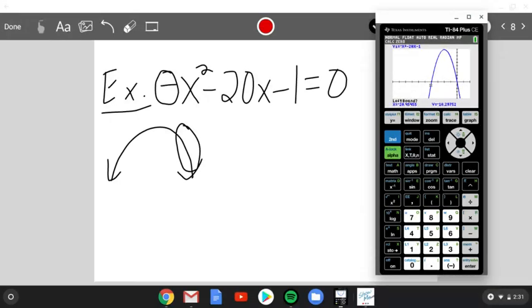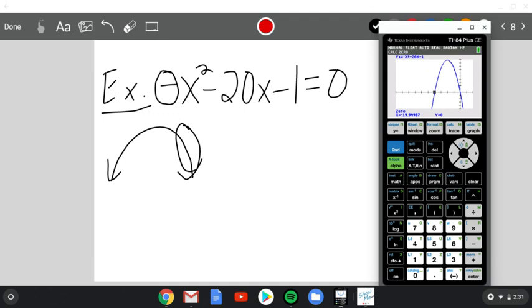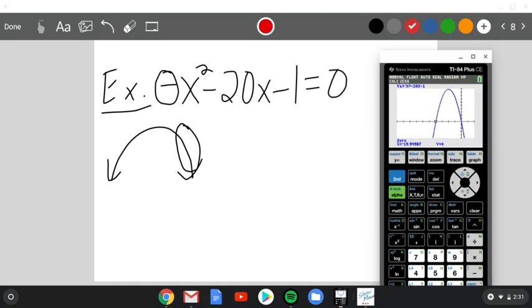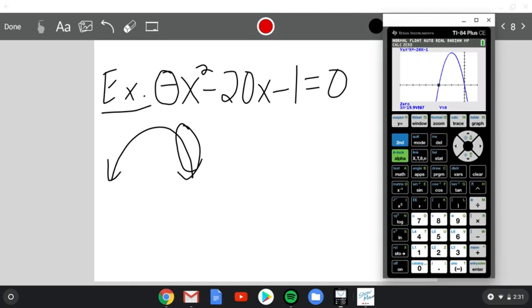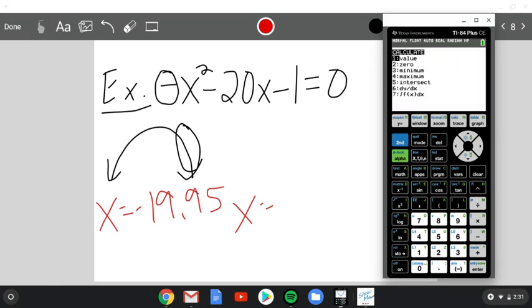Second trace, 0. So I need to go to the left and then to the right. Negative 19.95 if we round to 2 places. And then do it again, second trace, 0.